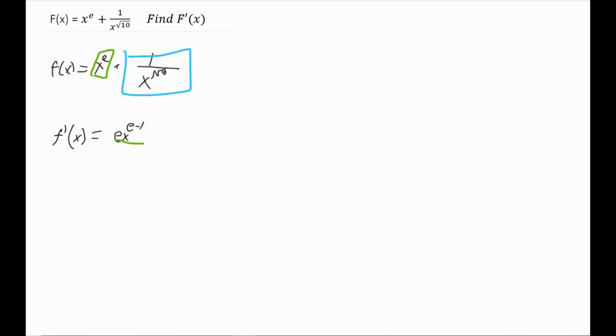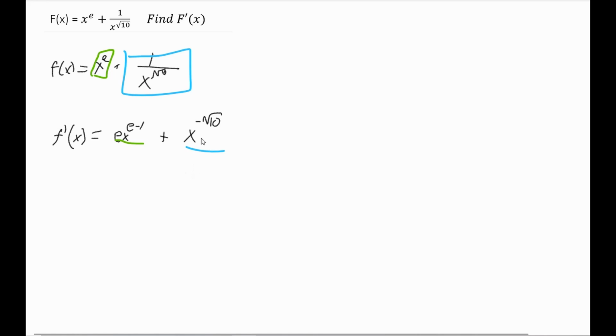So now we can do the blue one. Well, this is kind of difficult to visualize how to take this derivative, so we're going to move this to the numerator. We can do that since there's a 1 on top. So this is going to become x to the negative root 10. And so this green one's done, so now we just need to work on this blue one.